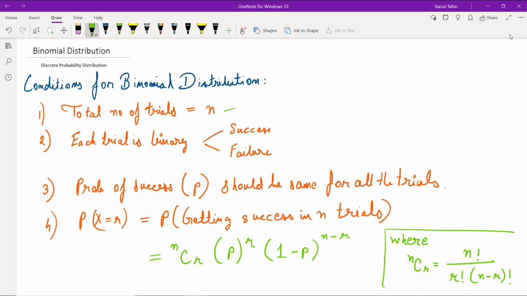Then the probability of success should be the same in all the trials, and it is denoted by P. These are the conditions that should be met before we apply the fourth point, which is the formula for binomial distribution, which is nCr, where nCr refers to the combination formula that we have seen earlier, into P raised to power r into (1 minus P) raised to power n minus r, where r denotes the successes in n trials.